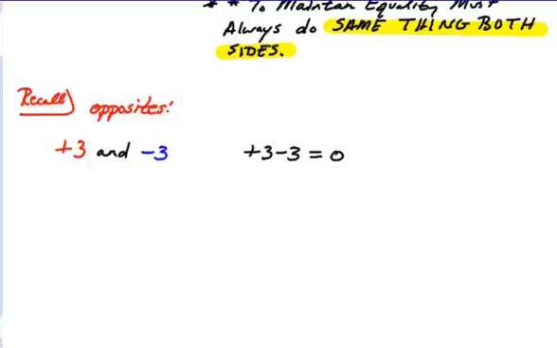What about multiplying? If I had, I don't know, 2/3. To cancel that, what would I times it by? What would be its opposite? Well, how about flipping it using the reciprocal?